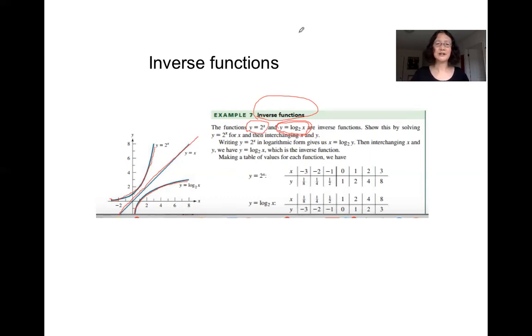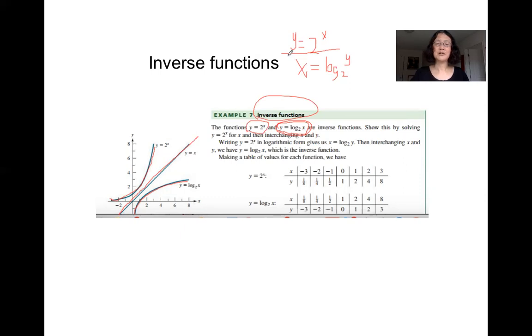You do this. You start solving. If the question asks you, what is the inverse function of y equal to 2 to the x? You solve for x. Okay. Based on the definition of log, x equal to log base 2 of y. From here, you solve for x.